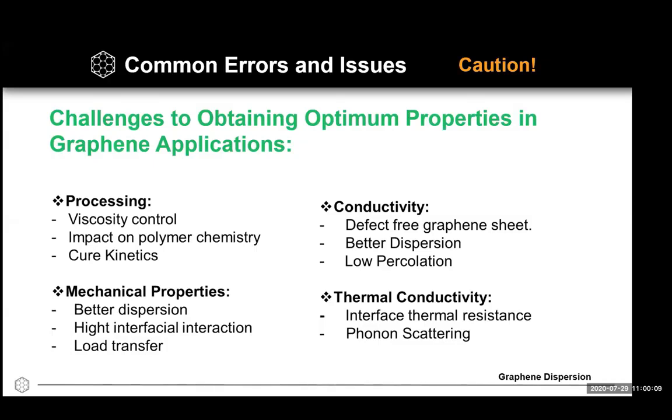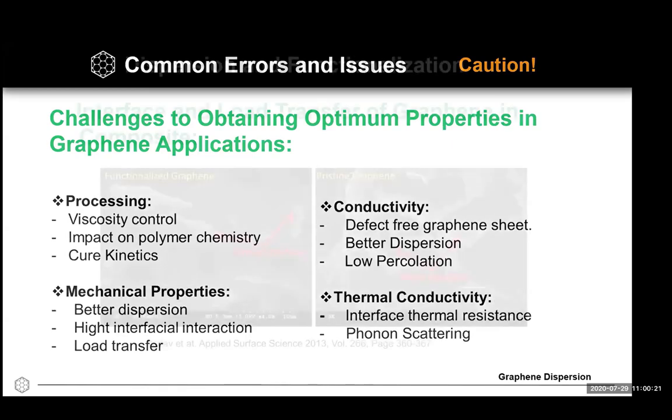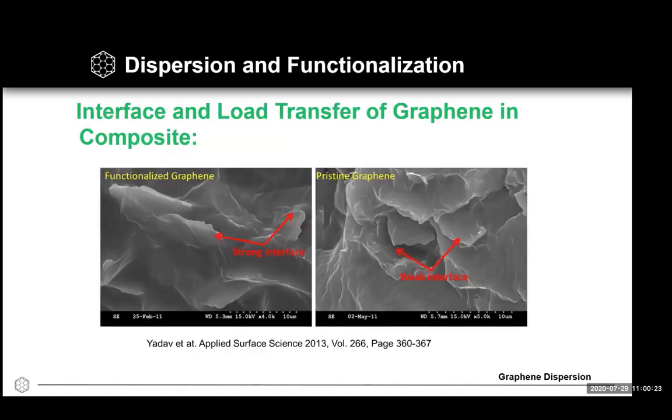I'm not going to take time right now to get into photon scattering, but the basic principle remains that you have to have an effective dispersion that's uniform and complete throughout your matrix if you want to achieve properties such as thermal conductivity.